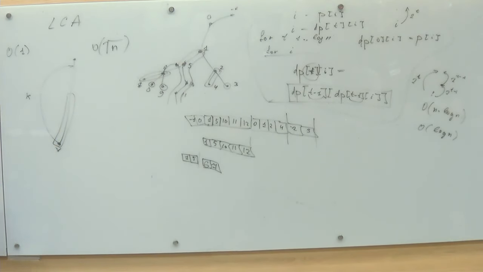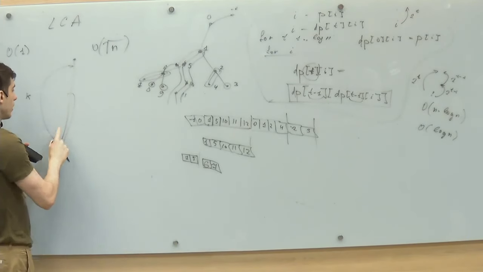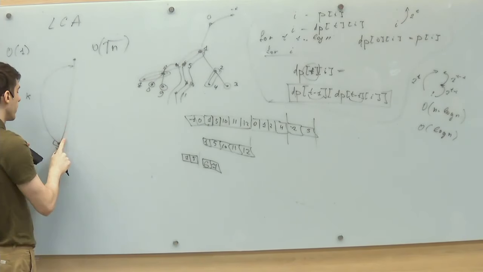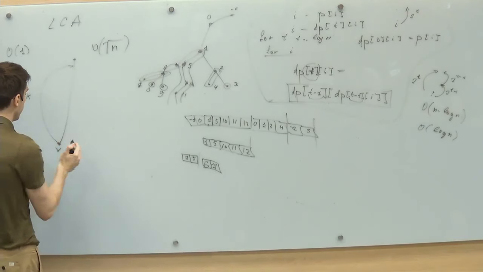So we could not access its ancestor in constant time. But what we are doing, we will make one binary step.